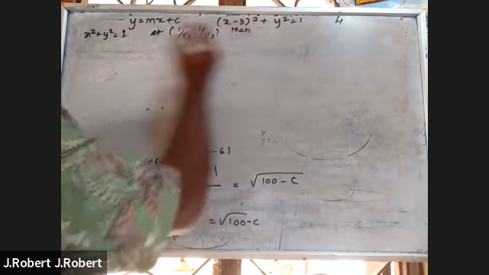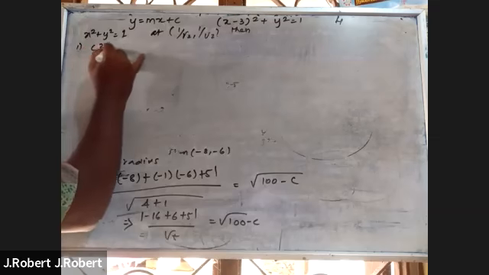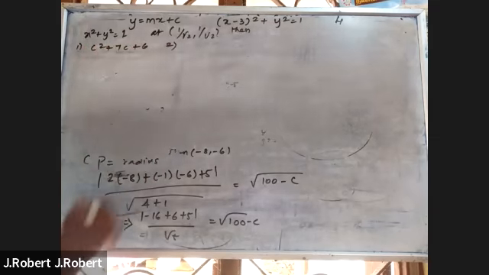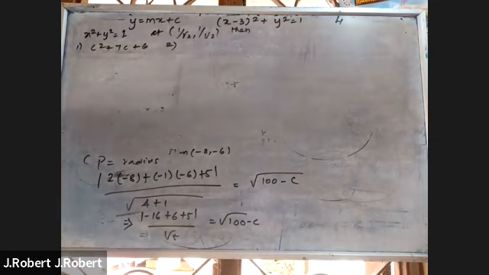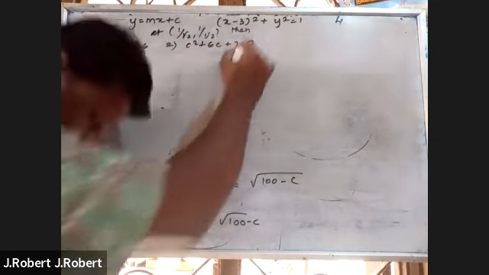Then take down the options. First option, c square plus 7c plus 6. Second option, c square plus 6c plus 7 equals 0.